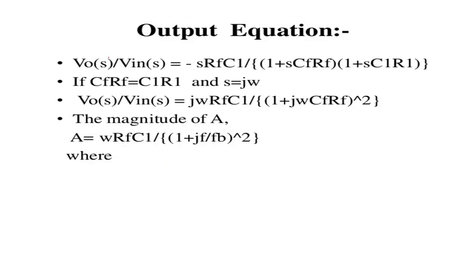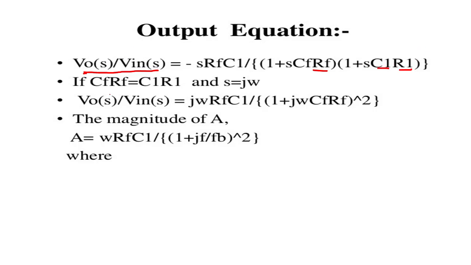So the gain, output voltage by input voltage, that is V of S by Vin of S, is equal to minus S RF C1 divided by (1 + S RF CF) into (1 + S R1 C1), that is the C1 and R1 also.